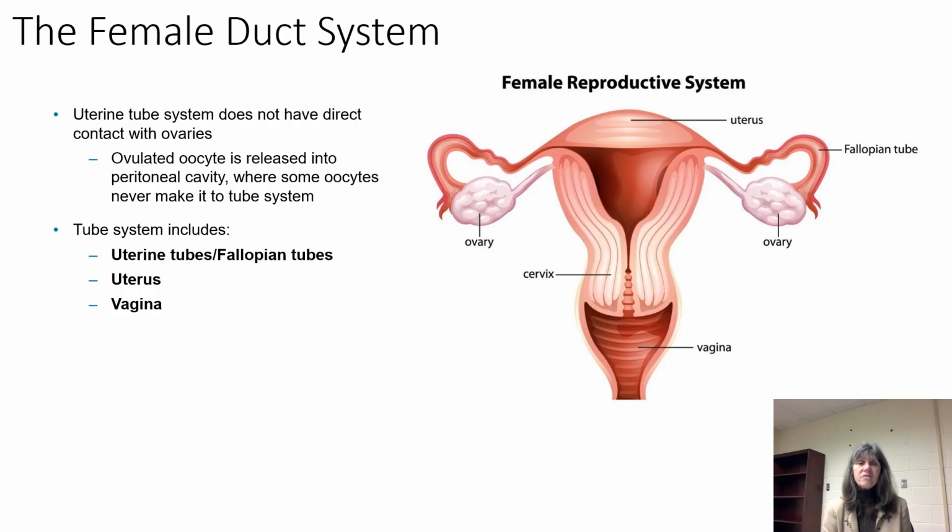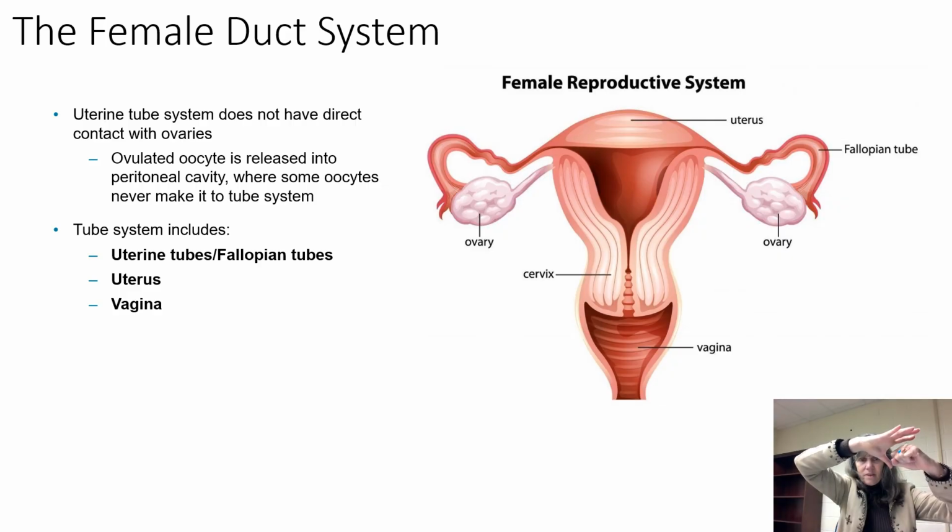In terms of the female duct system, the uterine tube does not have direct contact with the ovaries. I know it kind of looks like it does in this picture, but it really doesn't. If this is an ovary and my hand were the end of a fallopian tube, it doesn't directly contact. It kind of hovers nearby.